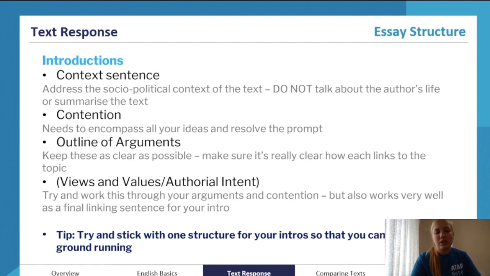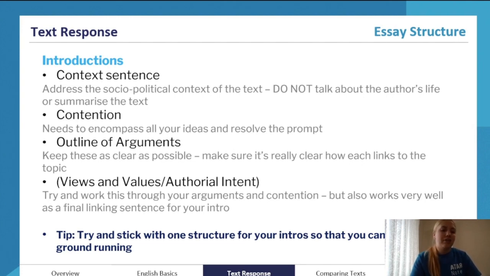Then you need a contention. We've already discussed how to write a good one. It's your main point of view, your main response to the prompt statement, and your counter argument has to be incorporated as part of it as well. Now, after that, you will have an outline of arguments, which will make it clear what each body paragraph focus will be.